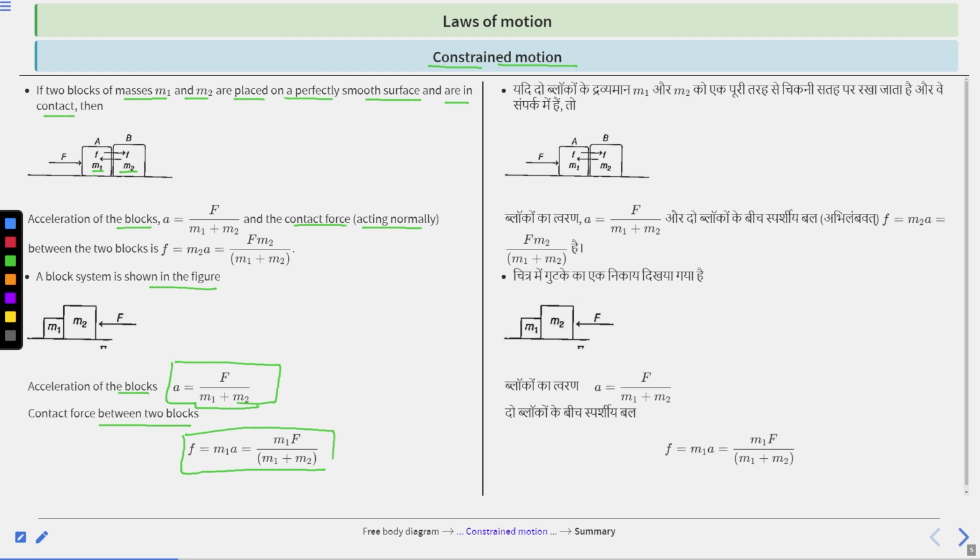Clear? So here two things are important. First is the contact force. Second is the acceleration of the block, which is a. Clear? So this is the constraint motion.